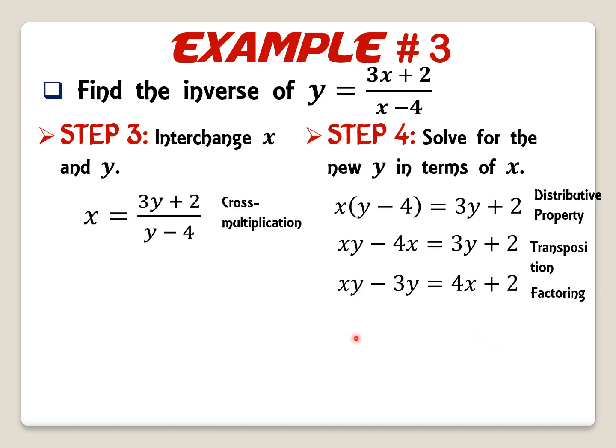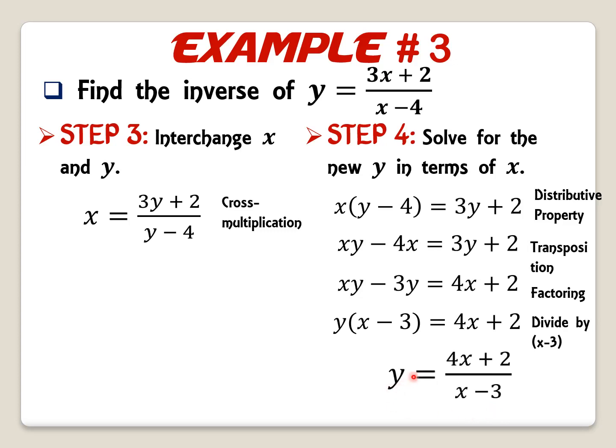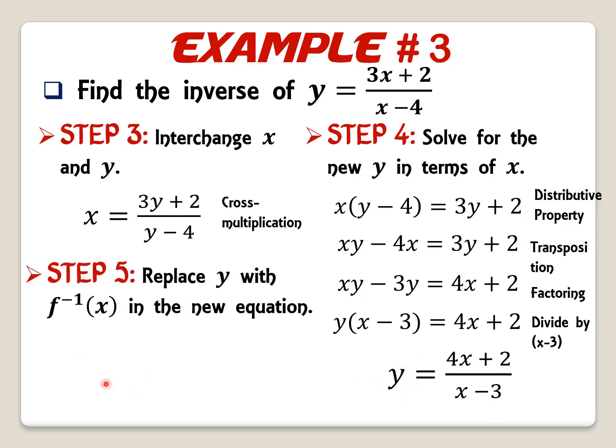And finally, for it to become just y, we need to divide both sides by x minus 3. And that will give you now y is equal to 4x plus 2 divided by x minus 3. Okay, and to do step number 5, you just simply replace this y by the inverse function. So that will give you now f inverse of x will be 4x plus 2 over x minus 3.